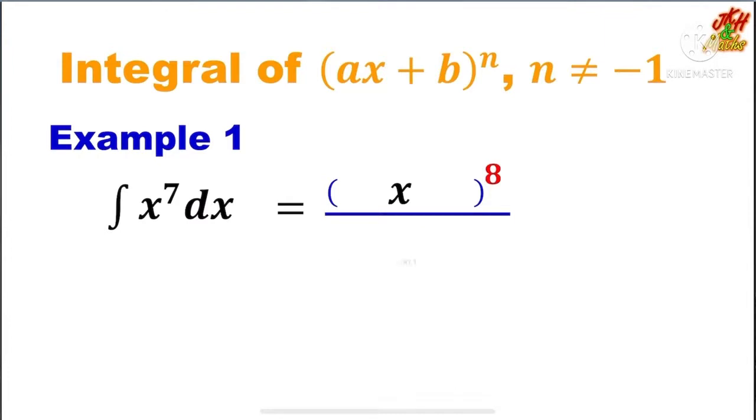Then the value of 1 we multiply with 8, therefore we simplify the denominator. 8 multiplied by 1 is equal to 8, therefore the integration of x to the power of 7 with respect to x is equal to x to the power of 8 over 8 plus c.